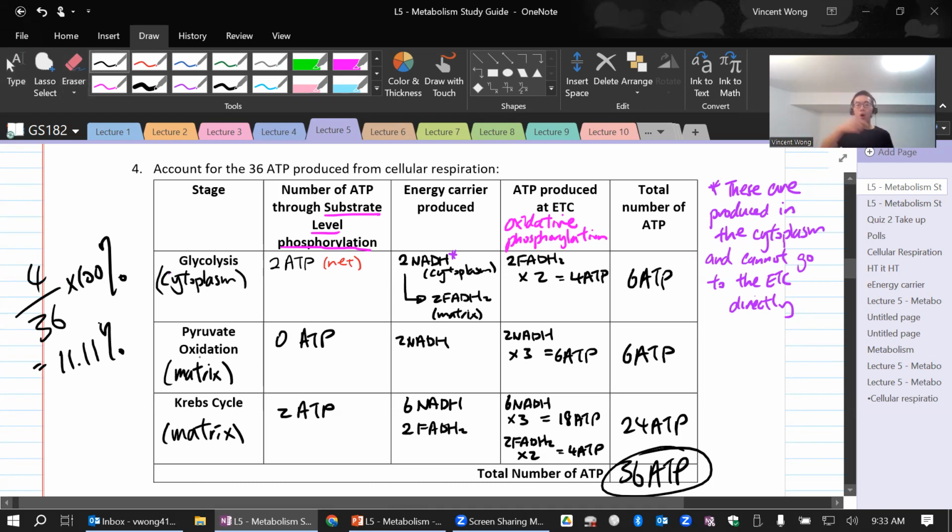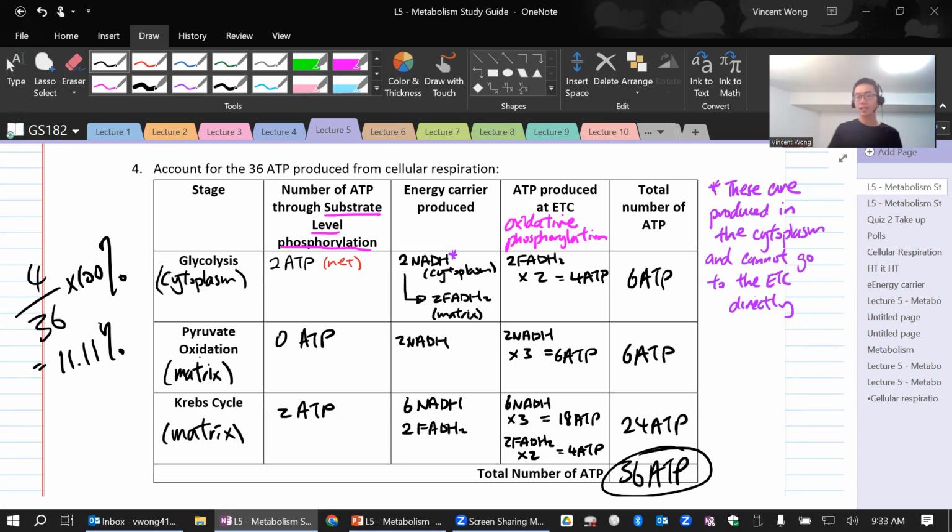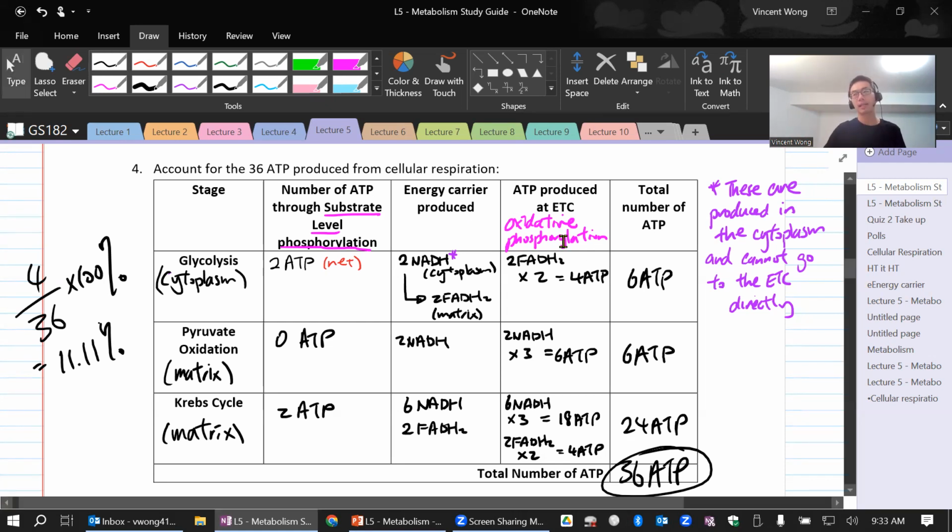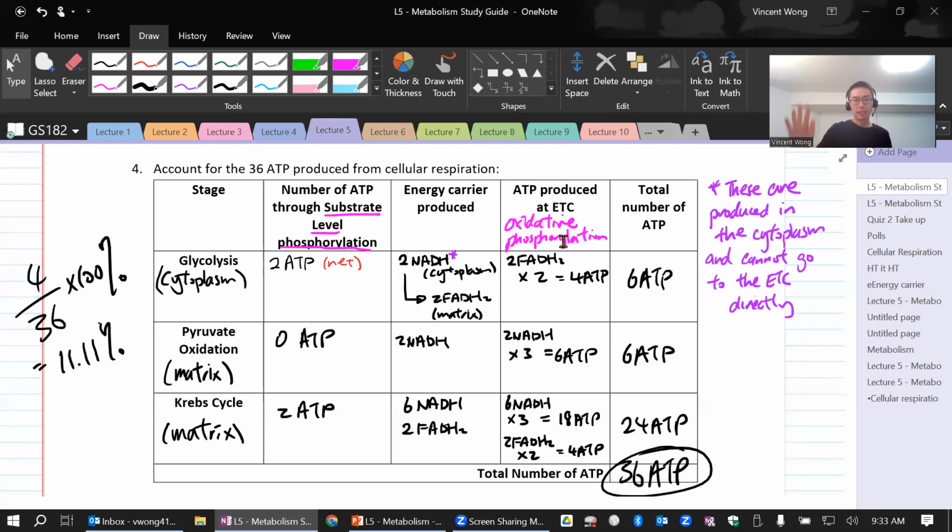You still need to know the things, but at least you won't have to explain the concept. I'm not going to ask you to describe oxidative phosphorylation. I'm going to do that for my in-person class, but in an online environment, at least you don't have to explain that.